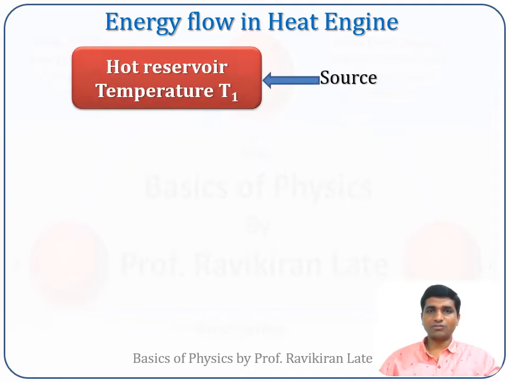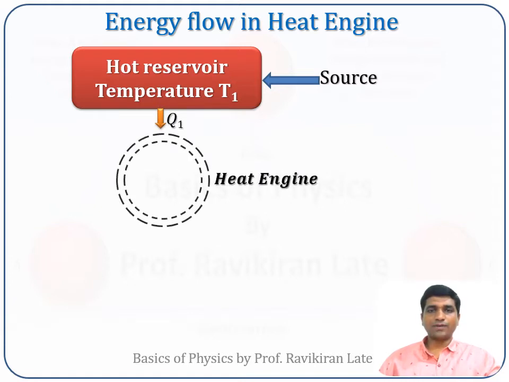In our previous lecture, we had seen what a heat engine is. A heat engine is nothing but a device which is used to convert heat energy into mechanical work done. In the case of a heat engine, we have a hot reservoir at a relatively higher temperature T1, which is called the source, and some amount of heat is taken from it.